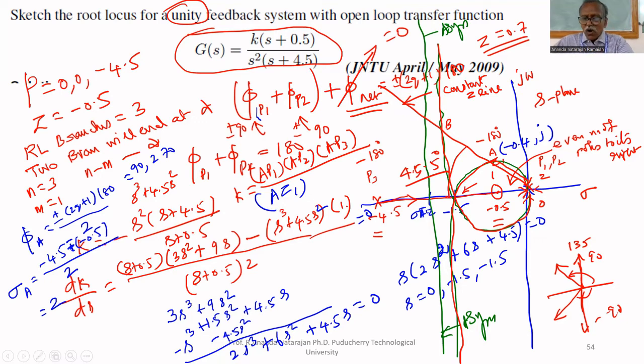So from that point to all poles, what is the distance we'll find? Point A is at minus 0.4 plus j. Am I correct or not?